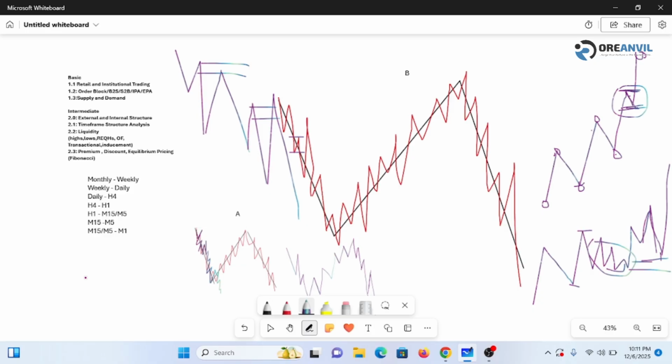When the market comes around here, it comes here, you already know where to buy from. You can buy here. It comes here, you can sell here. You know you are selling here. Buying here, selling here. So tell me how the market is changing that you can't realize. So you're already here to sell again, because you understand the liquidity has been taken.